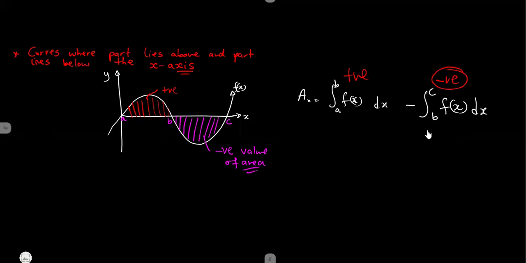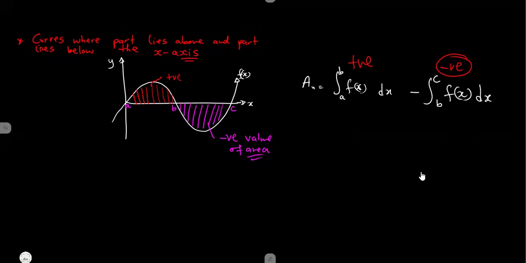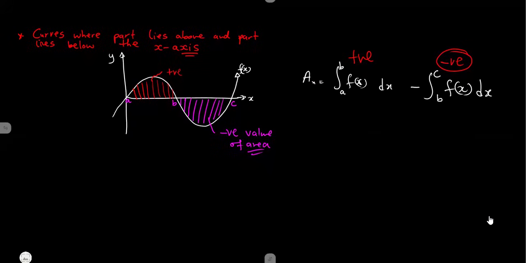So I'm just going to put one example, and from that example we try to figure out how to apply this concept where one section is above and another section is below. So always sketch the function so that you can properly see whether this piece is below or not. Always sketch your graphs.